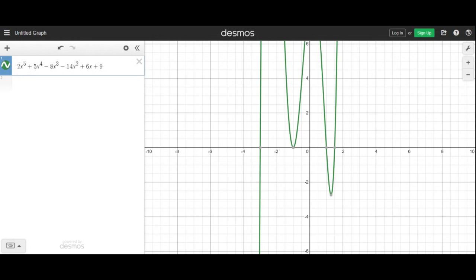So looking at our graph now, what values do we think we want to test this time? A -1 looks like it works. Good. What else? A +1 looks like it works.